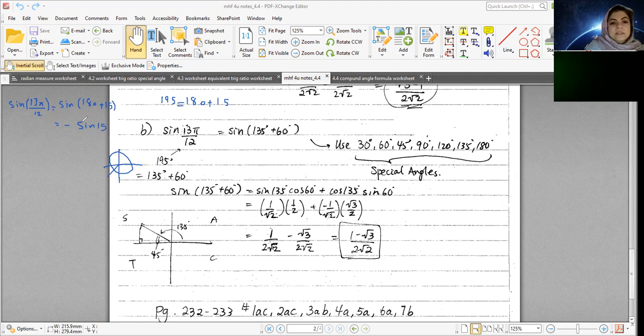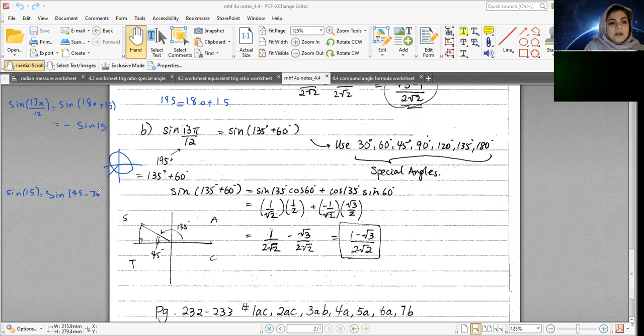Now I need to work with the sine of 15, right? Knowing that sine of 15, you can write it as sine of 45 minus 30. Remember why we do that?